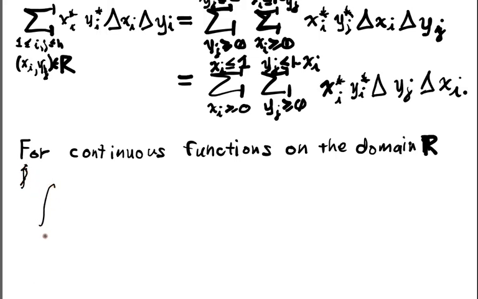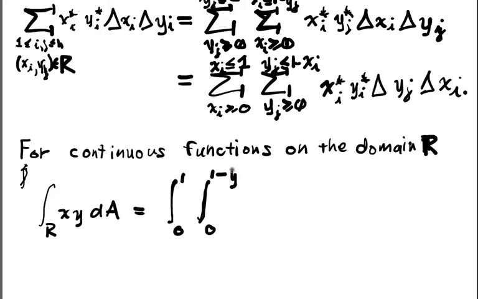We'll have the integral over R of xy dA is going to be the integral over all y slices, right? So fix all possible constant y values. The integral from 0 to, and the upper limit is now 1 minus y. It's that boundary in terms of x, right? So we solve x in terms of y. xy dx dy.